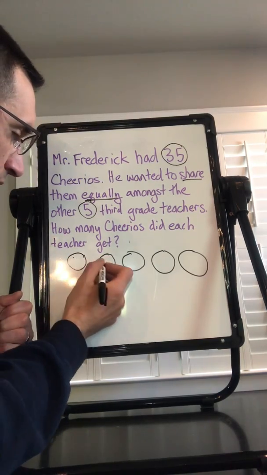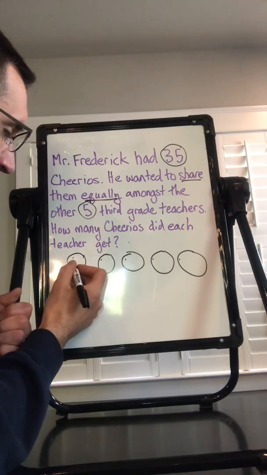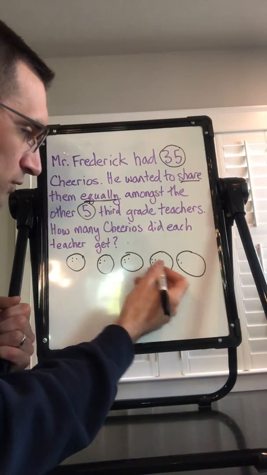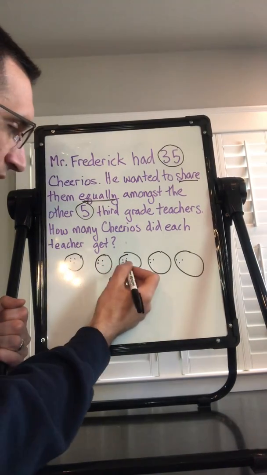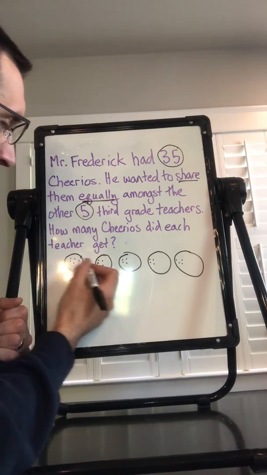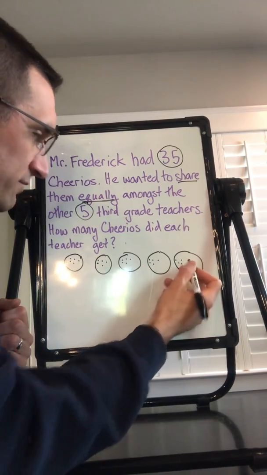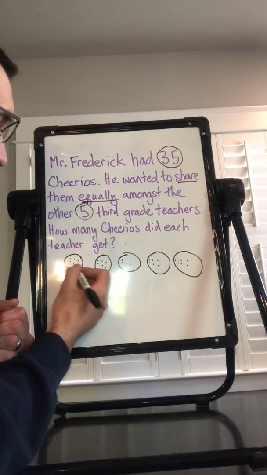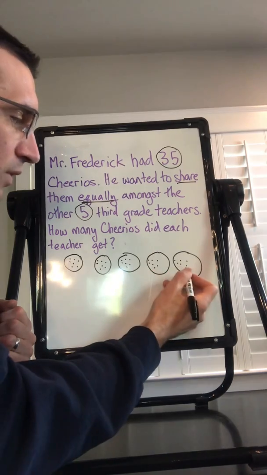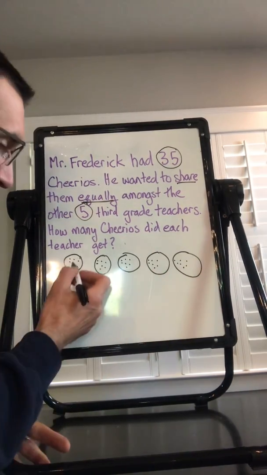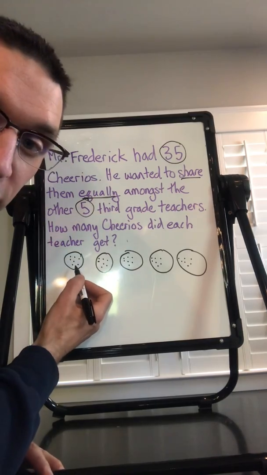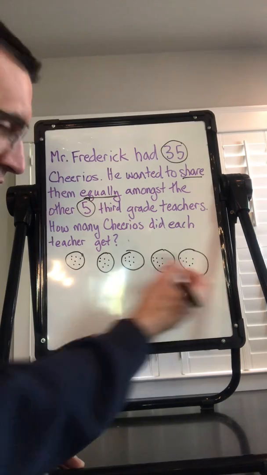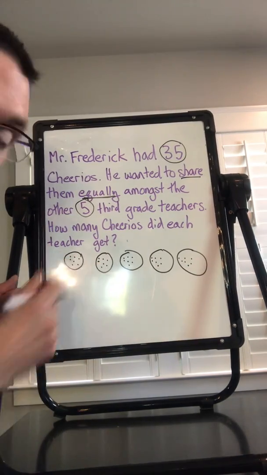So here we go. 1, 2, 3, 4, 5, 6, 7, 8, 9, 10, up to 35. So if I share my Cheerios, which in this picture is just the dots, equally with each teacher, which in my picture are the circles, each teacher would get 7 Cheerios.